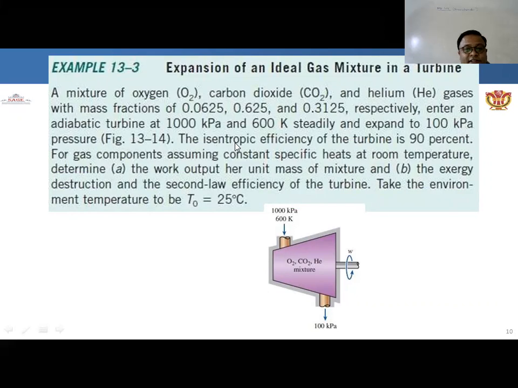The isentropic efficiency of the turbine is 90% for the gas components, assuming constant specific heat at room temperature. Determine the work output per unit mass of the mixture, the exergy destruction, and the second law efficiency of the turbine. Take the environmental temperature as 25 degrees centigrade.